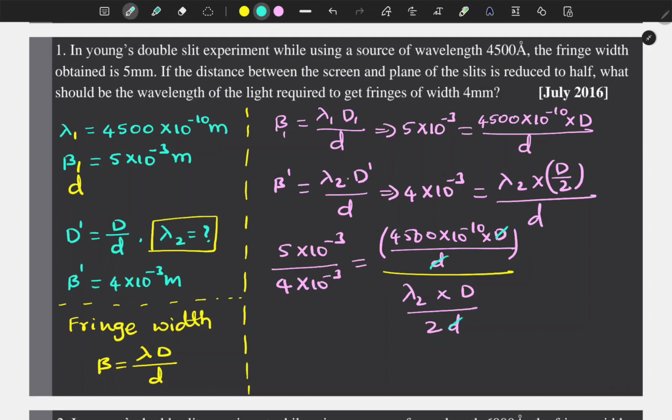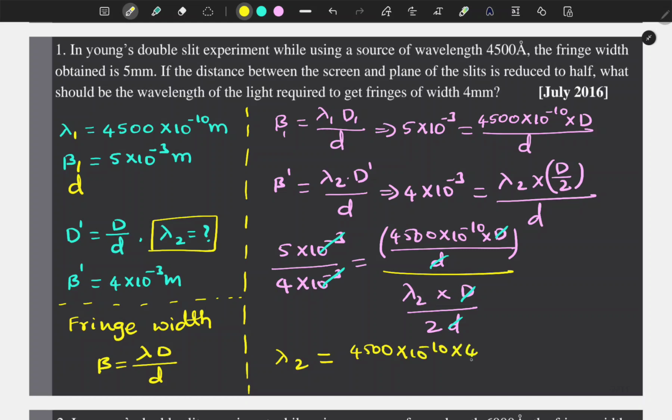Small d gets cancelled, capital D gets cancelled, 10 to the power minus 3 and 10 to the power minus 3 get cancelled. Okay, and after solving this, you will get lambda 2 as 4500 into 10 to the power minus 10 into 4 divided by 5.